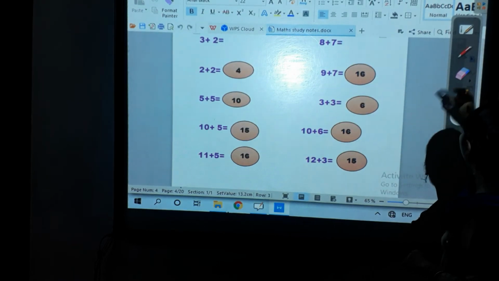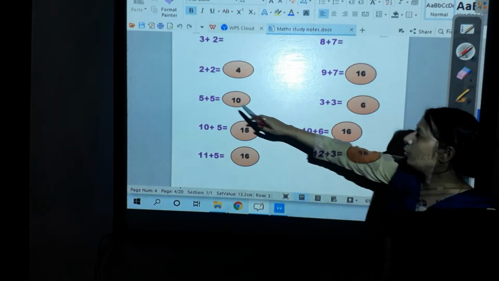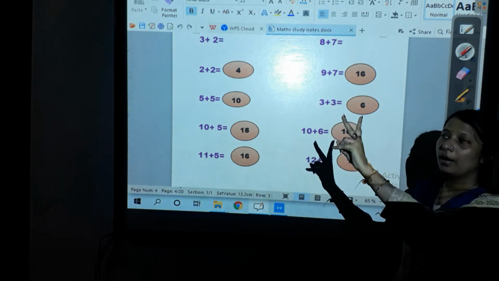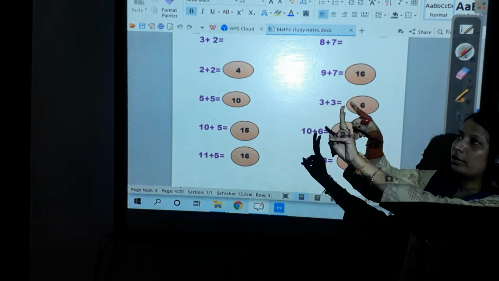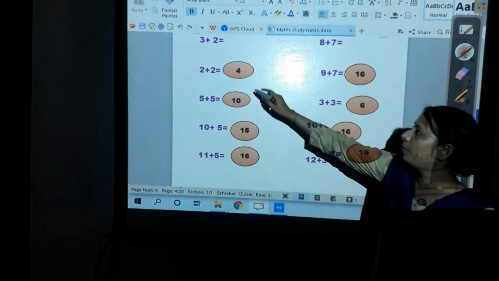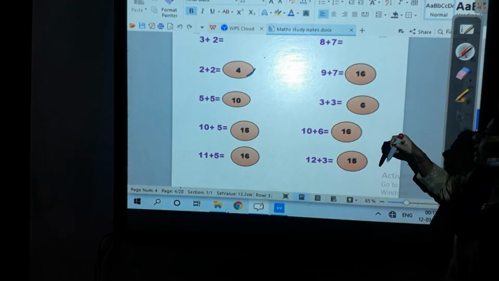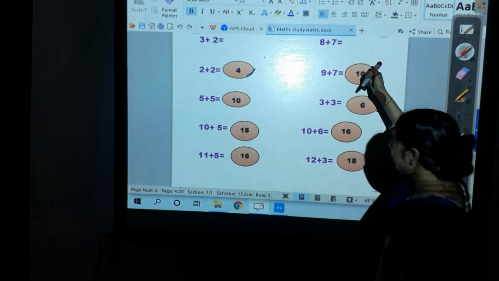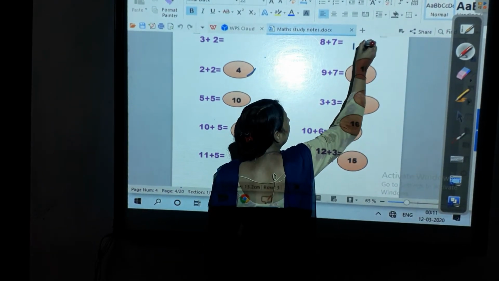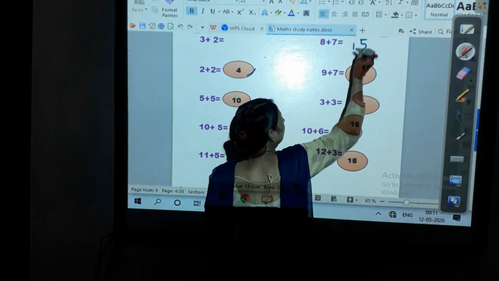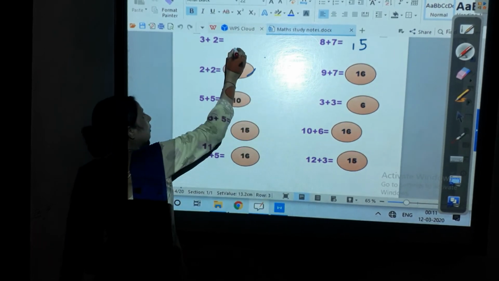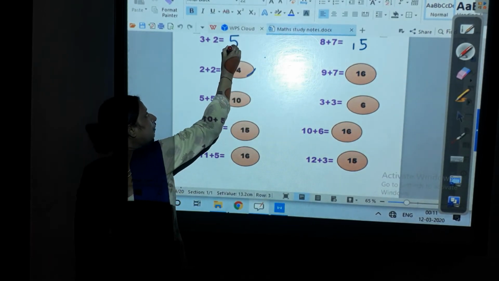Yes. Now very easy thing. 2 plus 2. 2. Again another 2. 1, 2, 3, 4. So 2 plus 2 is 4. 9 plus 7, 16. 8 plus 7, it is 15. And 3 plus 2, 5.